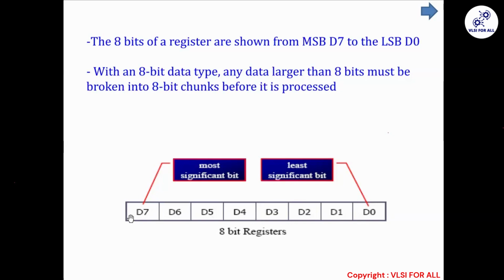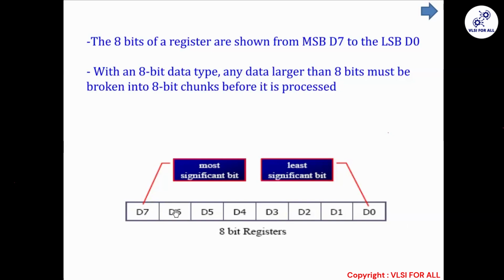As I told you, this will be represented in hex whenever we are describing this register in the program. So who will tell me? The first 4 bits will be separately represented in hex and the next 4 bits will be separately represented.